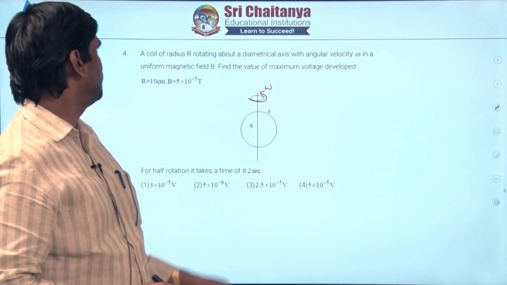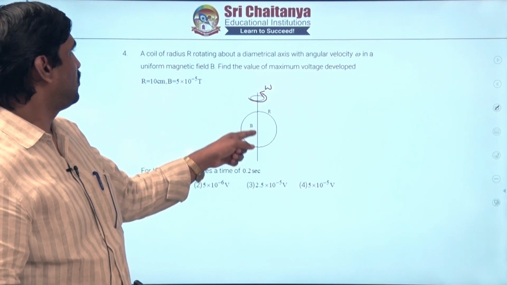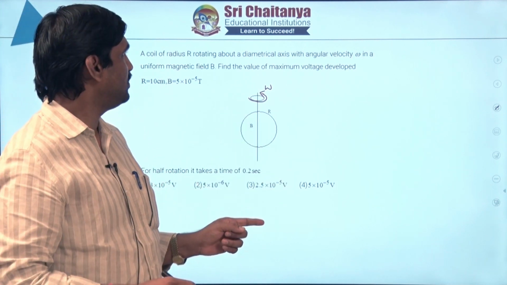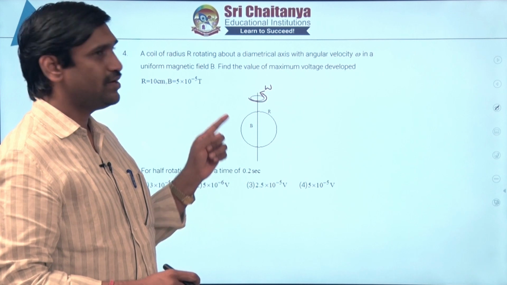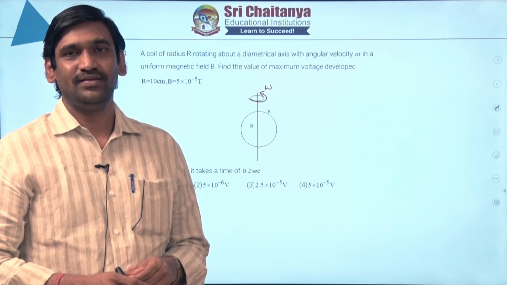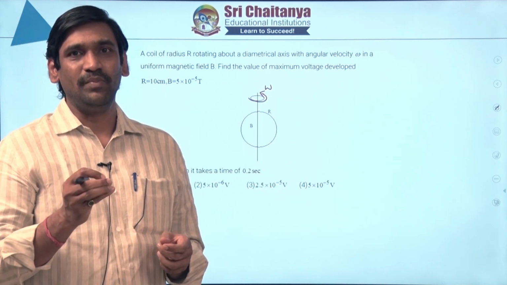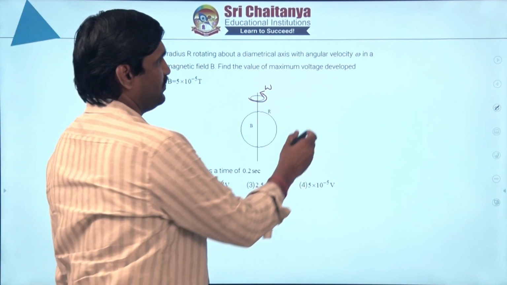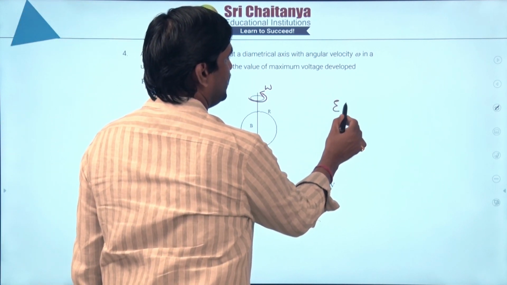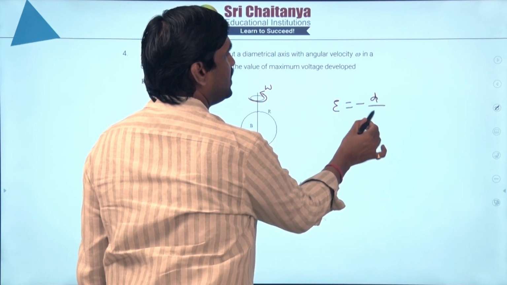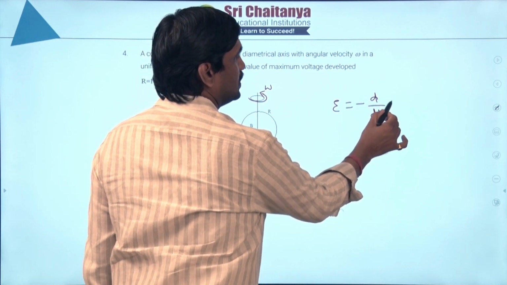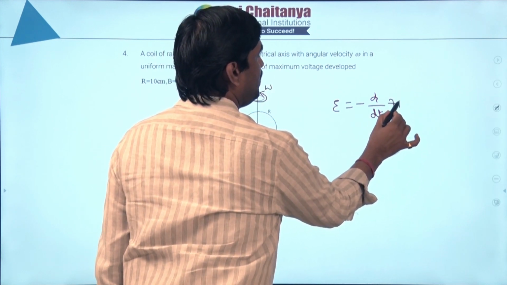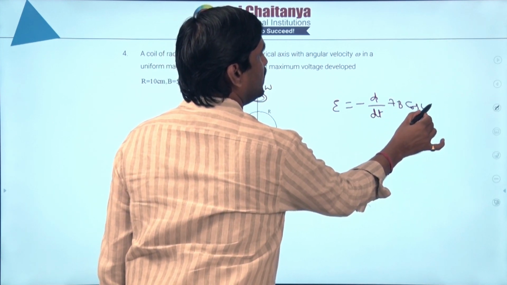In the fourth question, a circular coil of radius r is rotating about its diameter in a uniform magnetic field. They are asking what is the maximum EMF generated. The maximum EMF on the basis of Faraday's law, E is equal to minus d by dt of AB cos omega t.